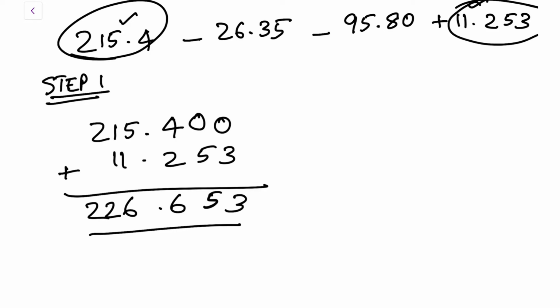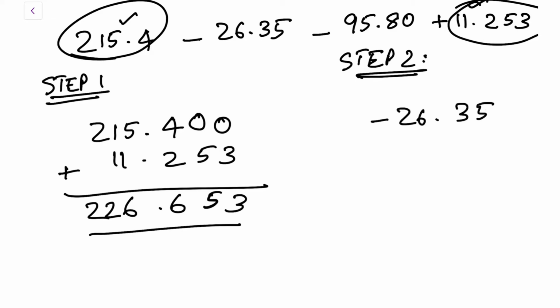Step 2 is to take the negative numbers. So what are the negative numbers? We have minus 26.35 and minus 95.80. When both are negative numbers, you just have to add both the negative numbers and put the negative sign in the answer.